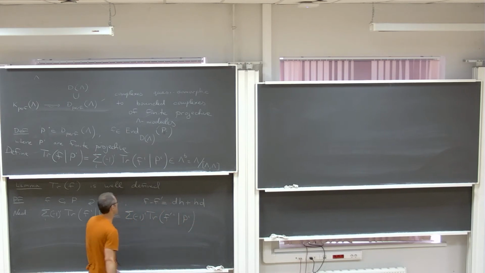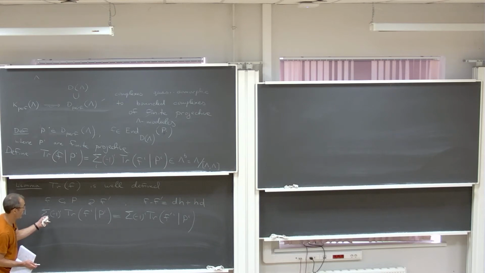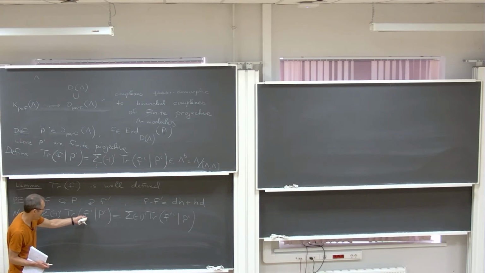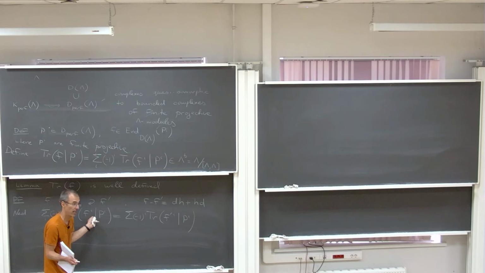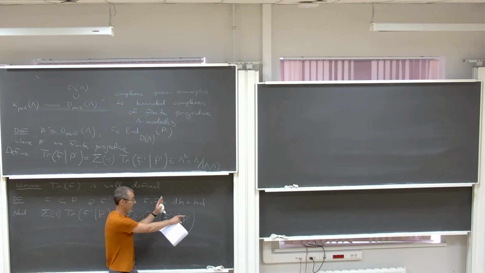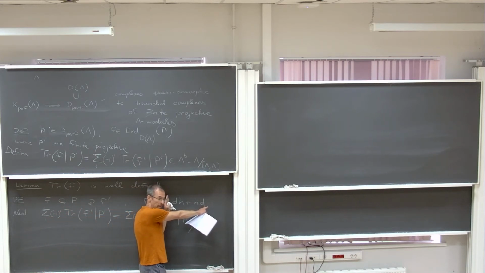That's the first thing that we need to check. And let's do this. Using the additivity of traces, if you have a sum of two endomorphisms of a projective module, then the traces get added. So it's enough to check that the alternated sum of traces of this guy is 0, right?